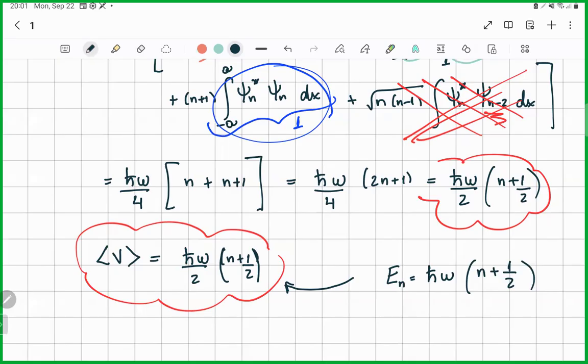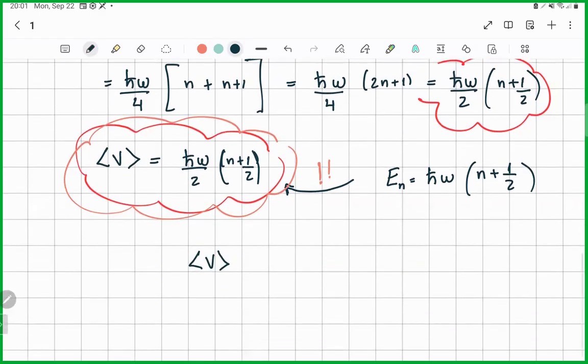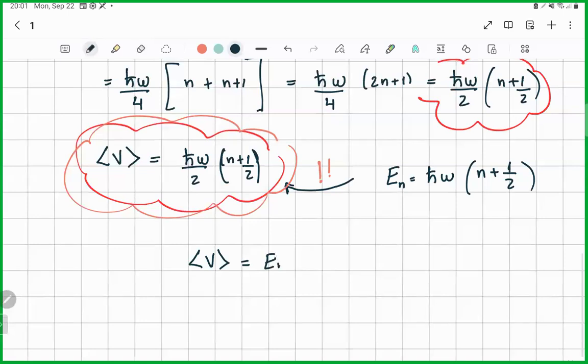So we put it in this form just to be able to say: the expectation value of the potential energy is half the energy of the stationary states. So this is an interesting relationship that we found. Where is the other half? I let you compute. The other half is the expectation value of the kinetic energy.